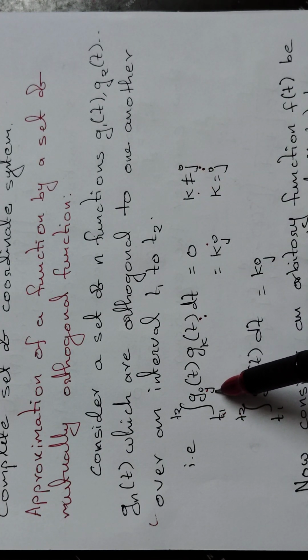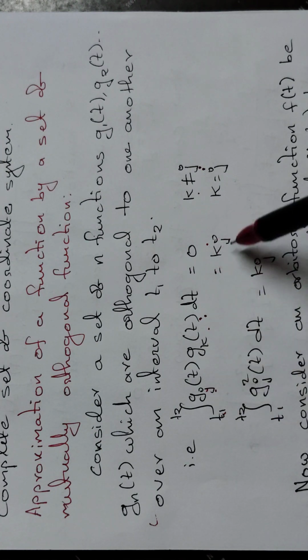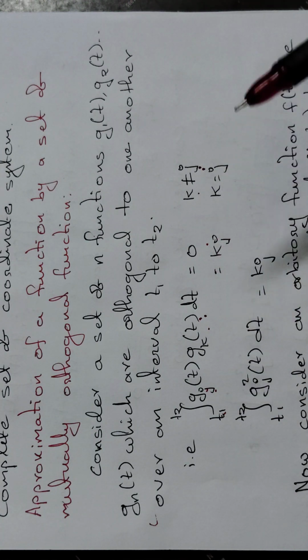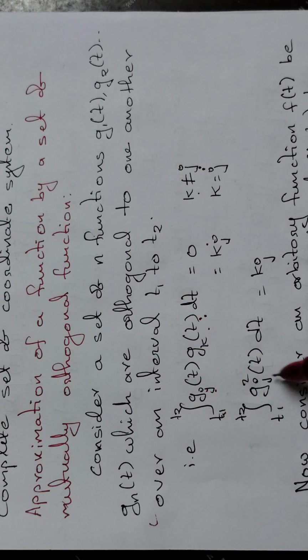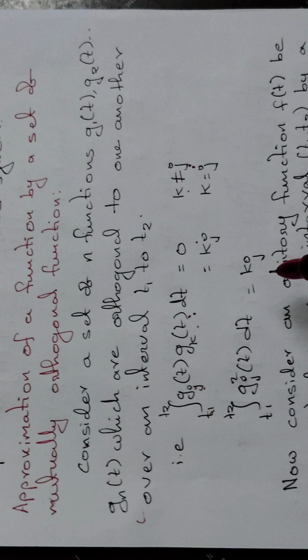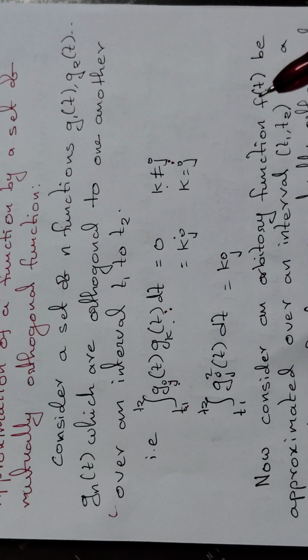When j and k are equal, we get the integral of gj square of t into dt, that is equal to kj.